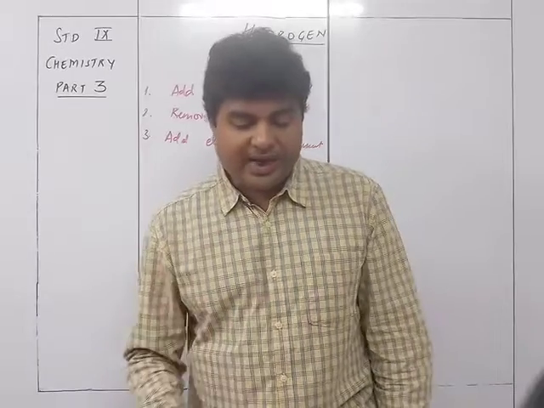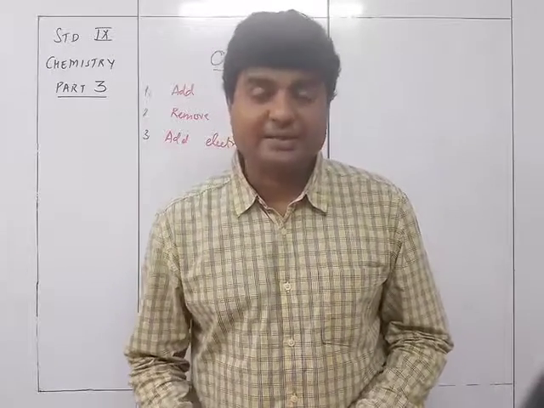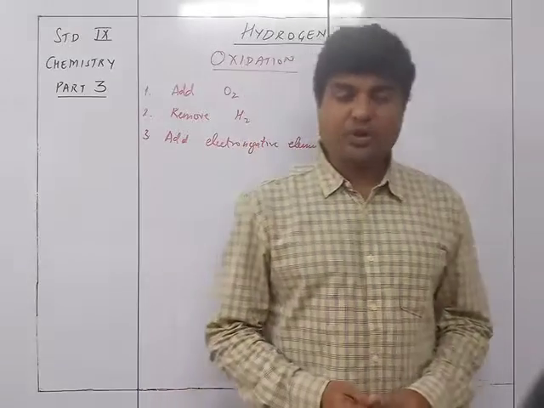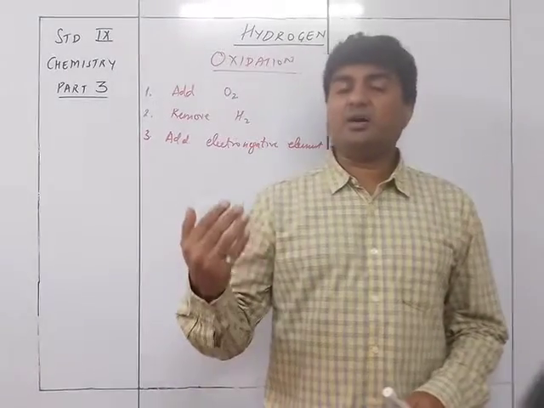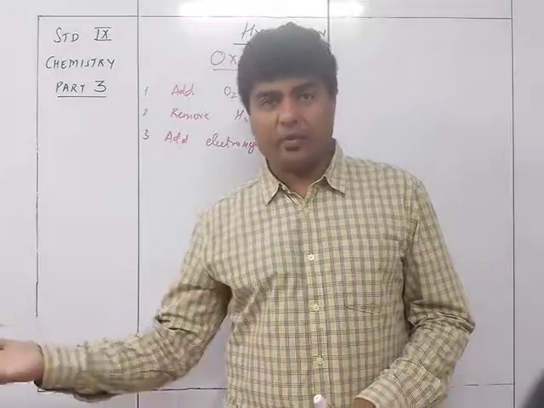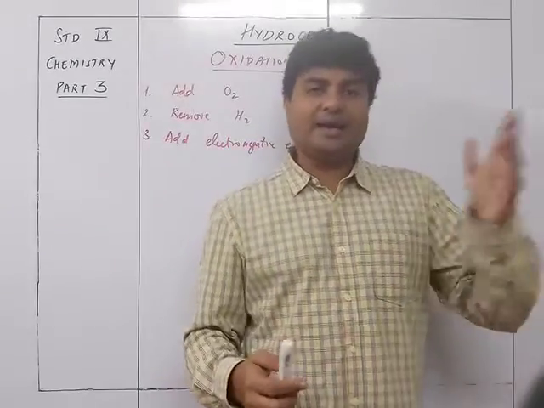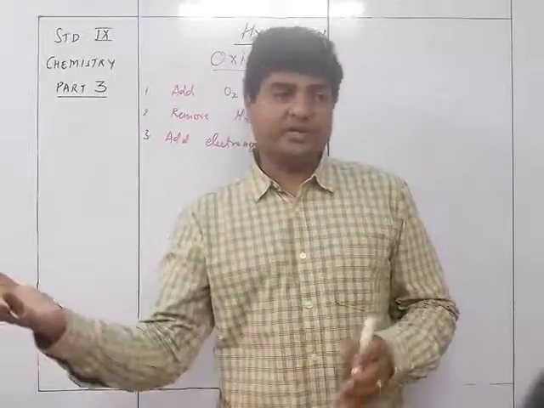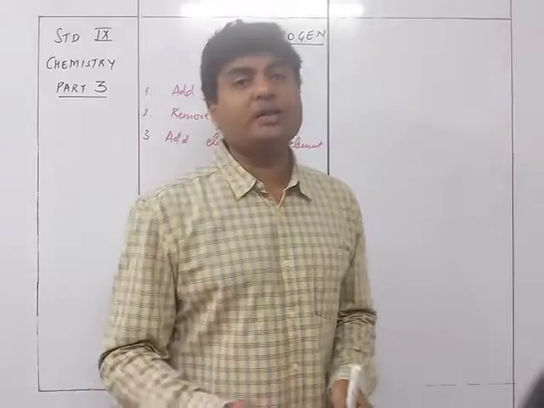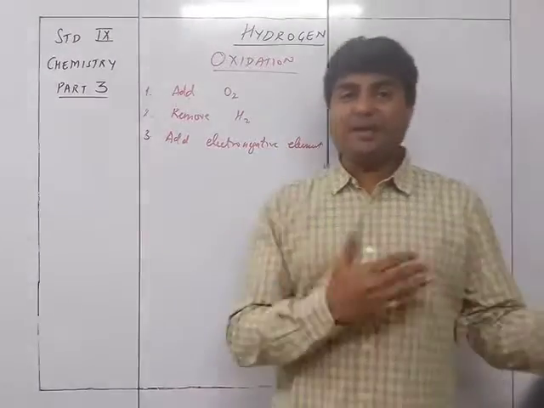Oxidation and reduction reactions occur simultaneously and are usually abbreviated as redox reactions, because if an electropositive element is removed from one place, it is added at another place. If oxygen is removed from one place, it is added at another place: removed here is reduction, added here is oxidation. So in all reactions, oxidation and reduction always take place simultaneously.